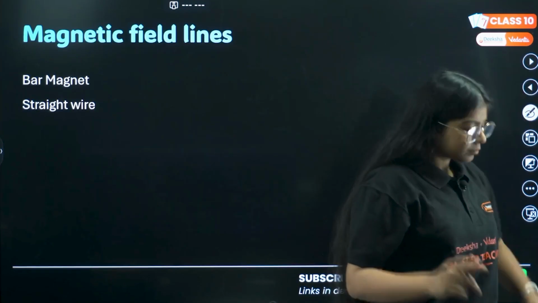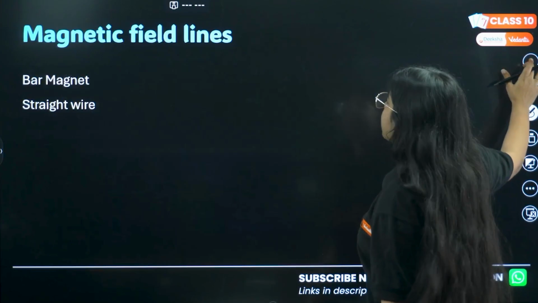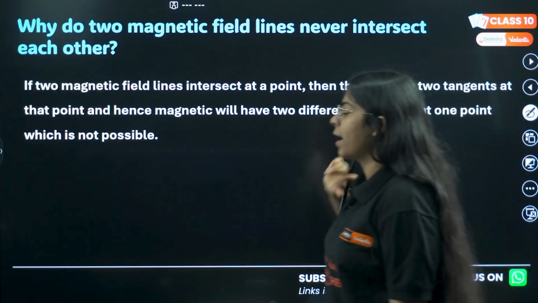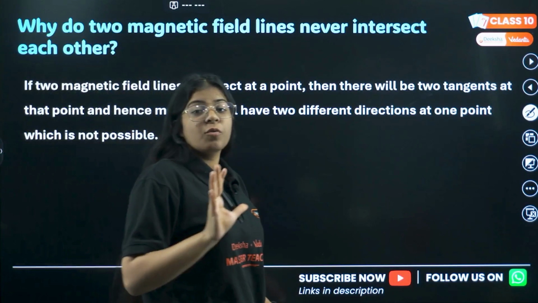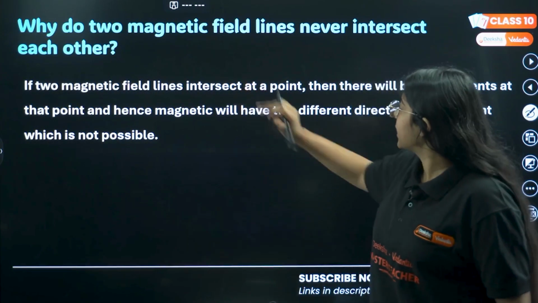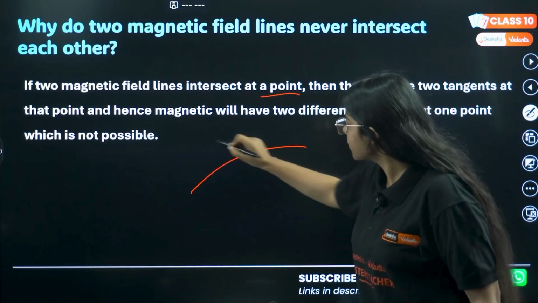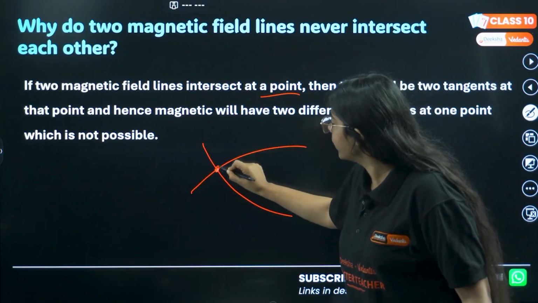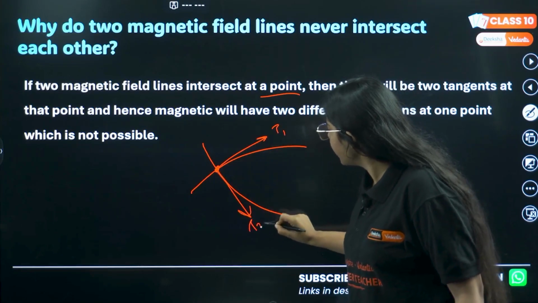This is a very important question that we also see in exams. Why can two magnetic field lines never intersect each other? If two magnetic field lines intersect at a point, then there will be two tangents. You can make this and show this point, there will be two tangents, T1, and at the same point T2.